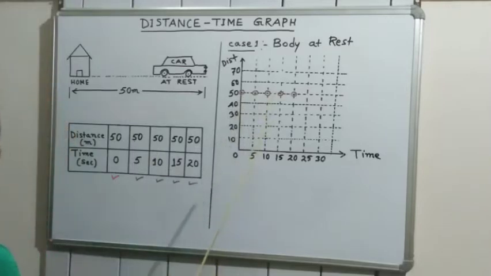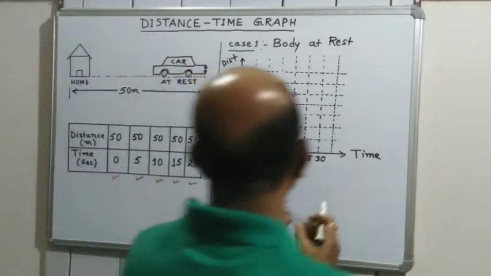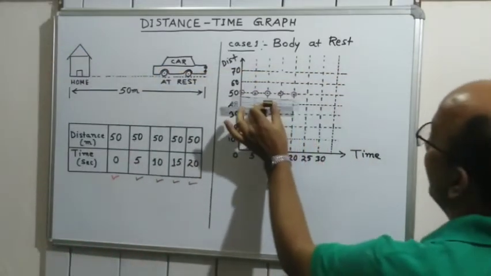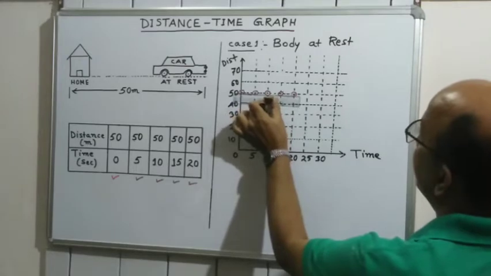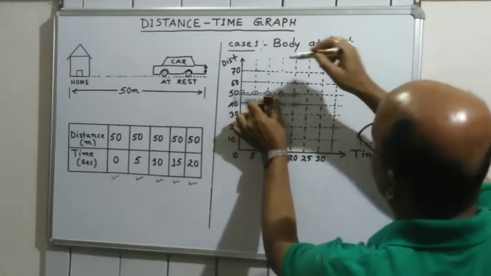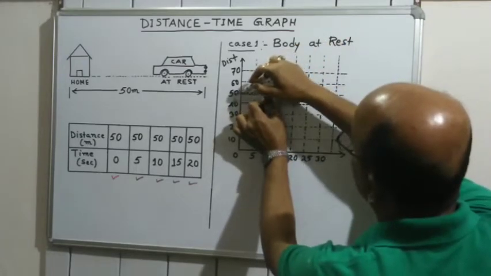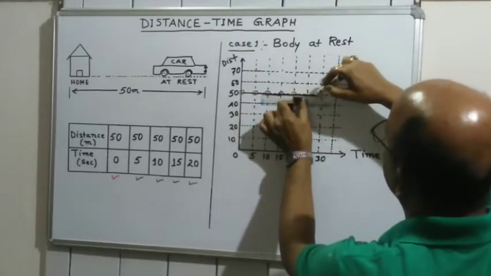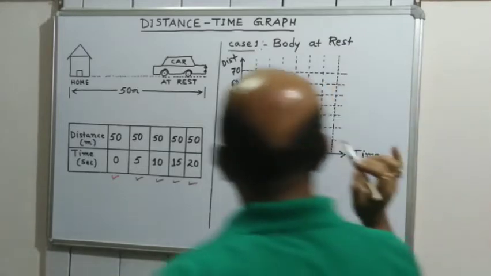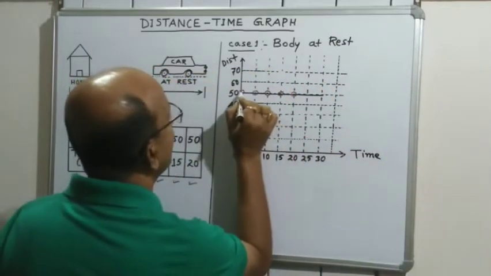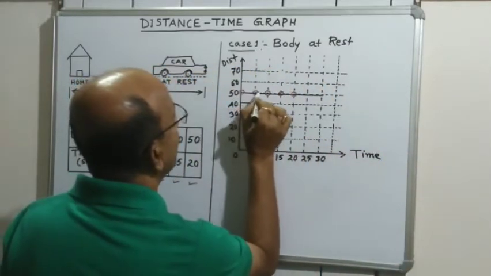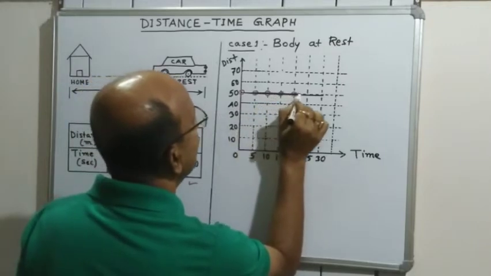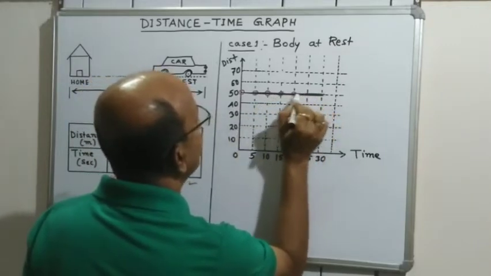Now if we join them, we get a straight line. We will take a scale and join these points. If we join them, we shall get a straight line. This is the shape of the graph.